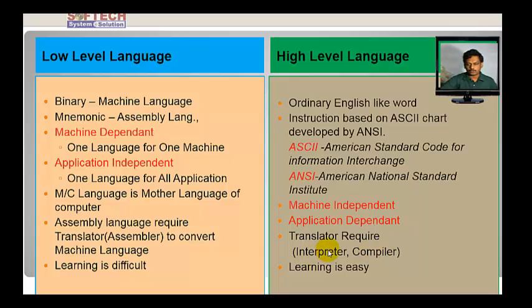But the interpreter requires low memory for the translation process, while the compiler requires more memory. Learning is easy compared to low-level languages because the statements are just like ordinary English words. So learning is very easy.